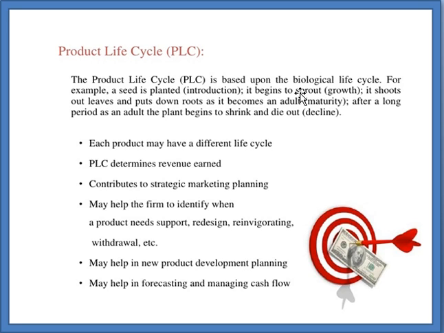It begins to sprout, which means growth. It shoots out leaves and puts down roots as it becomes an adult, so that stage may be called maturity or saturation. After a long period as an adult, the plant begins to shrink and die out. That may be called decline.